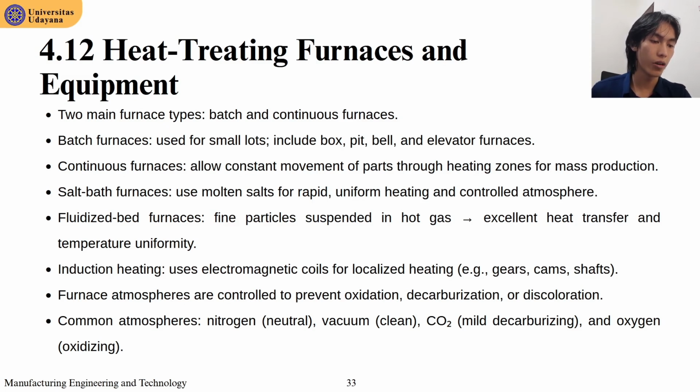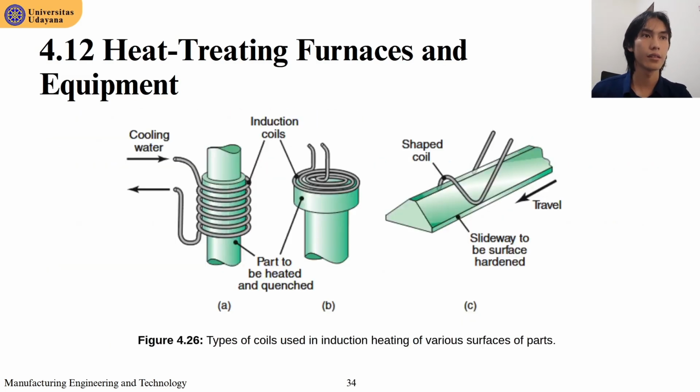Localized heating with a spiral coil. Next, this is the meaning for coil. You can see on 4.26, types of coil used in induction heating of various surfaces of parts. Yeah, we have 3 types of coil.